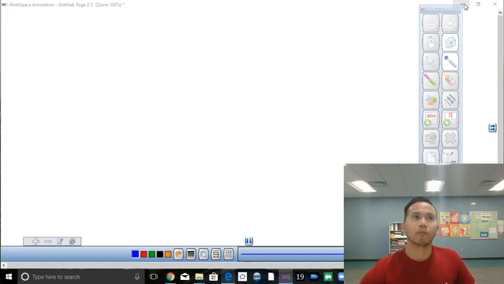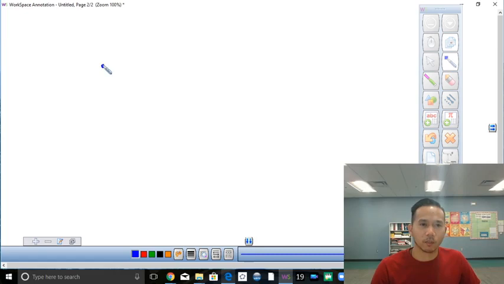So the definition of point: it has a physical location in space that has no dimension. When we say no dimension, it has no width, no length, no height. Points are often labeled with capital letters. As an example, your point is represented by a dot, okay?